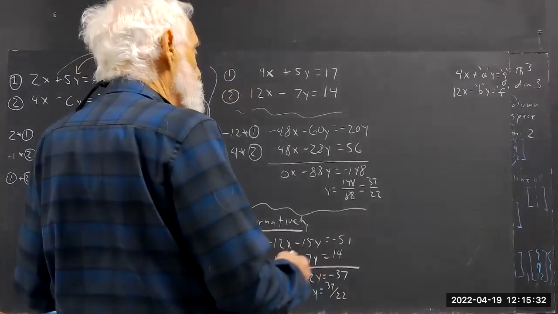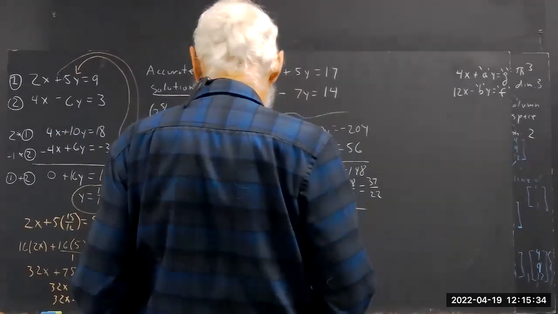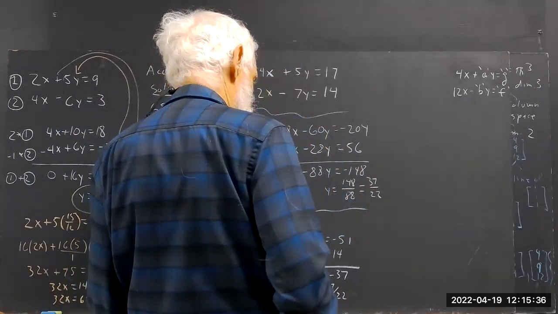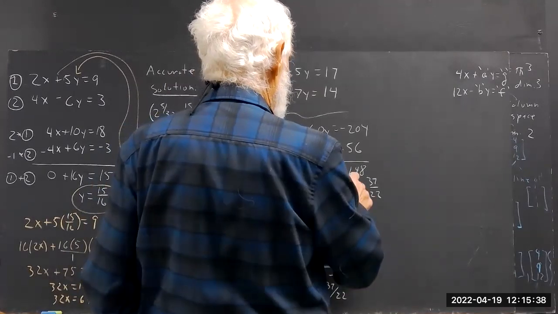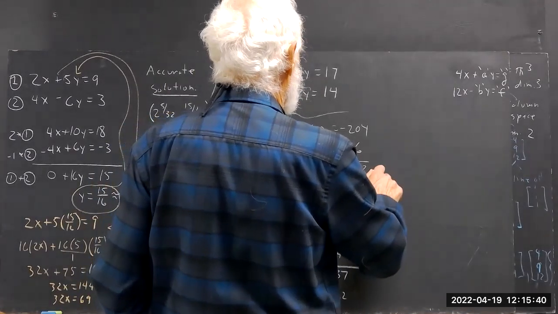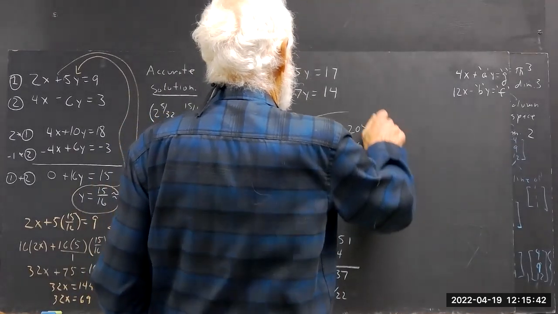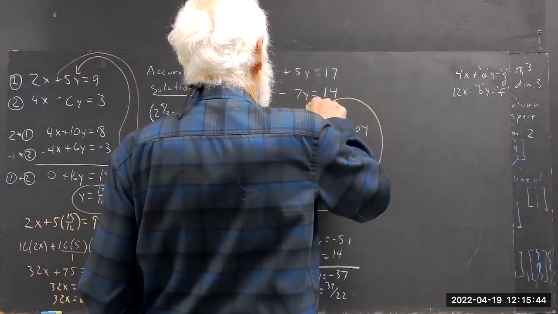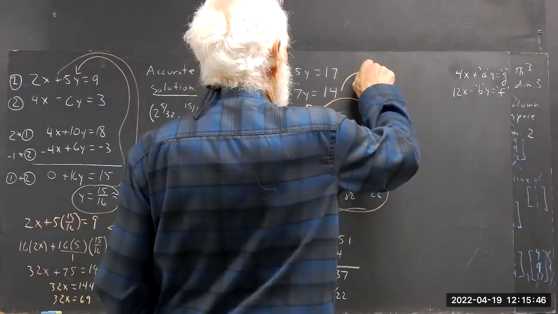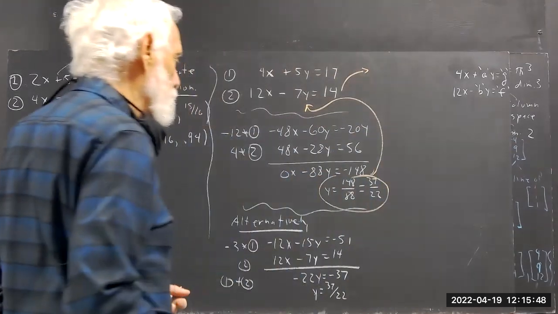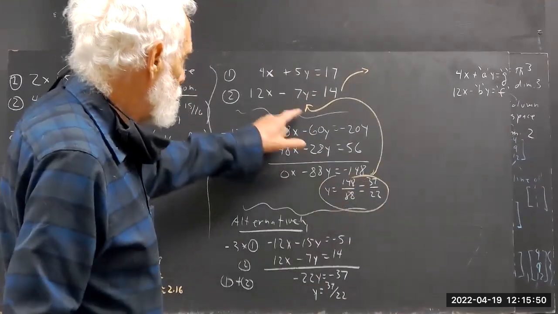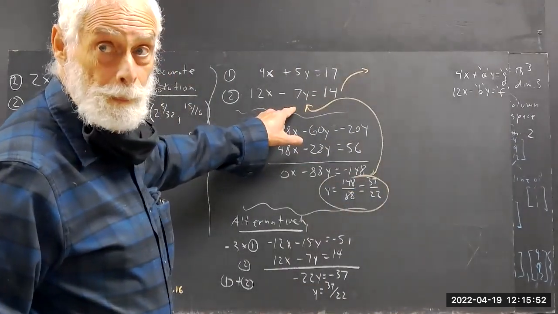Now, of course, in either case, I would take this solution and bring it up into one of the equations. I'll go to this equation here, and then I can draw an arrow up here and plug in my 37/22 for y, right?